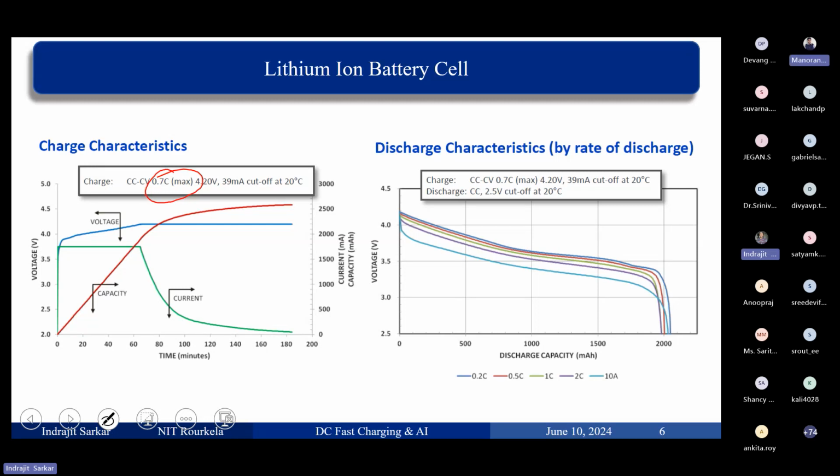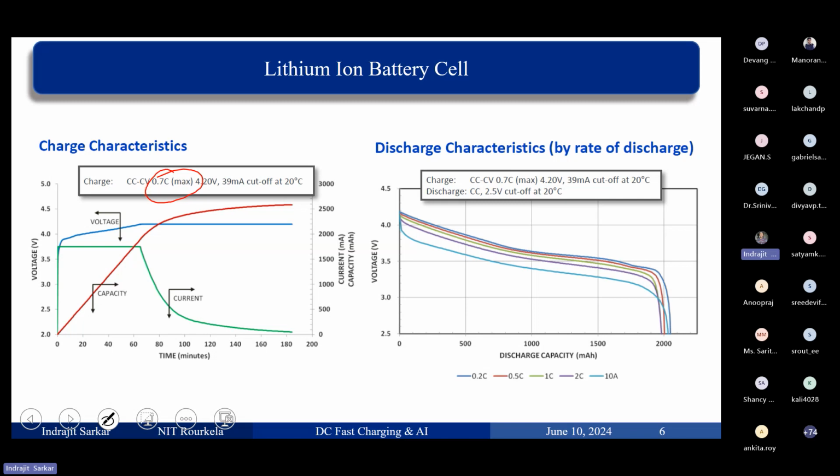This is because, let's say you are doing constant voltage charging. As the battery keeps on charging, the battery voltage is elevating. So when battery voltage is elevating, the difference between the source voltage and battery voltage is reducing, and therefore the current supply to the batteries is reducing.